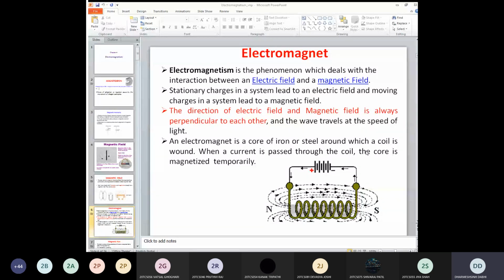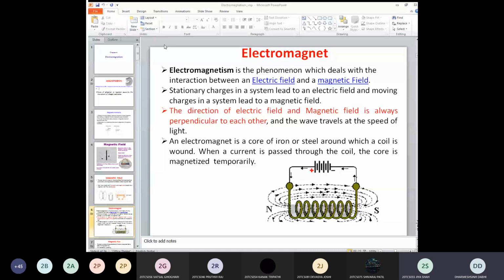You can see in the figure, maximum flux lines are at the N and S poles. So as you know, the equation is phi by A, phi is the flux, unit is Weber, area is the cross-sectional area in meter square. So it is Weber per meter square or Tesla.